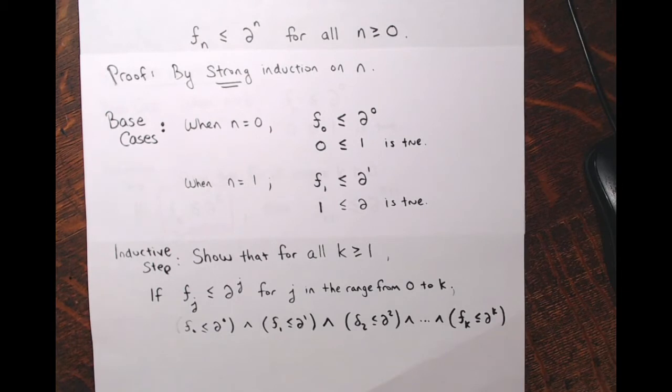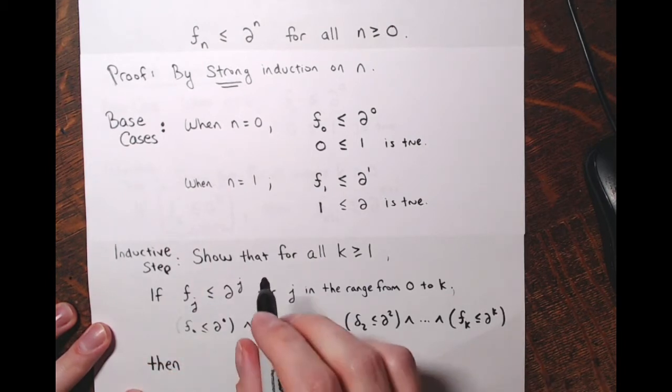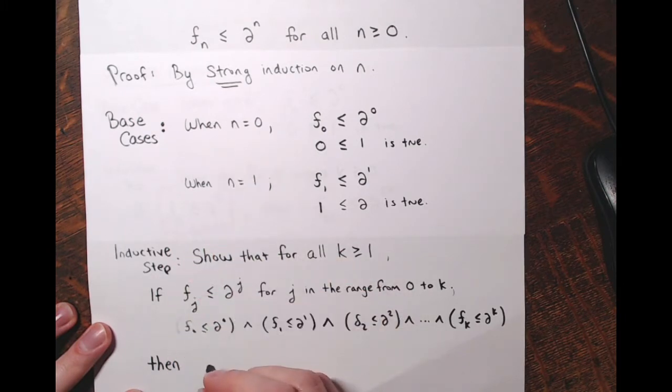This is our induction hypothesis. If we assume all that, then hopefully we can show that the statement will be true for n equals k plus 1, that f sub k plus 1 will be less than or equal to 2 to the k plus 1.